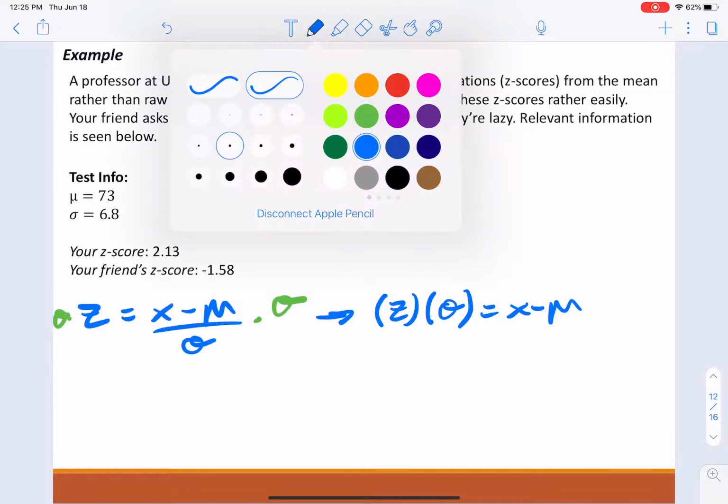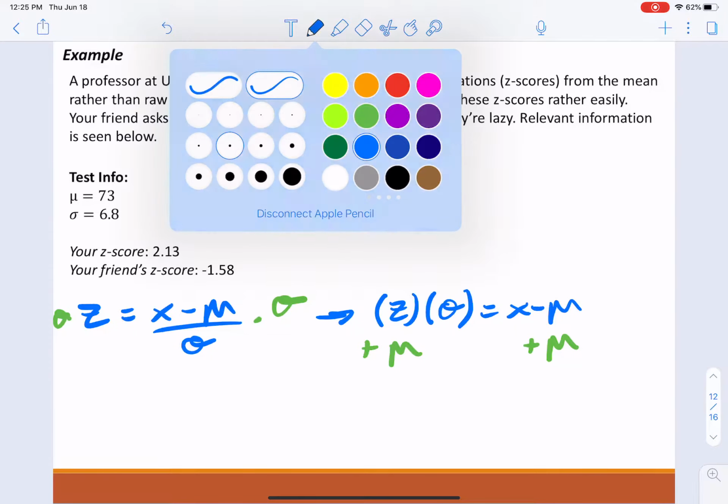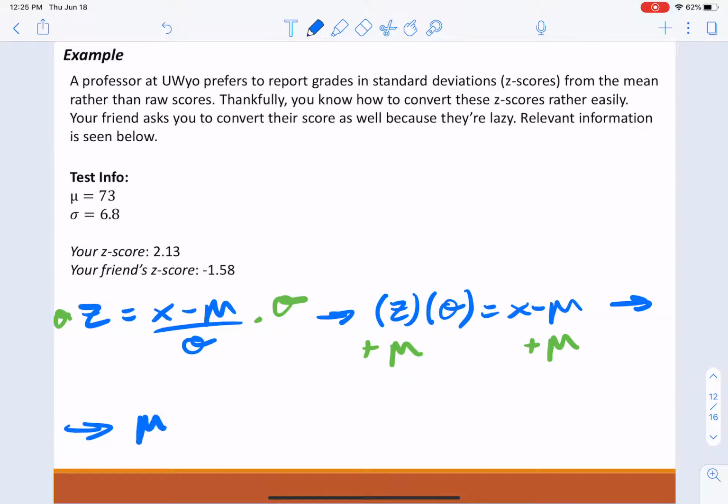And then I just want to move this mu over here. Okay, so that leads to mu plus z times standard deviation, and then x.